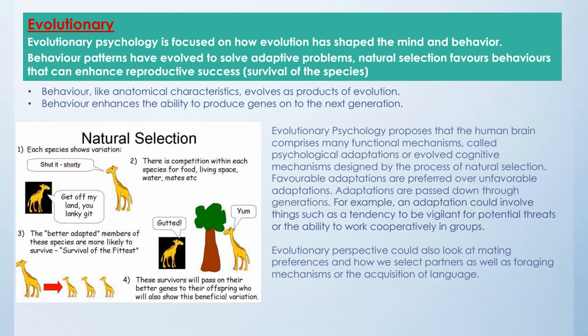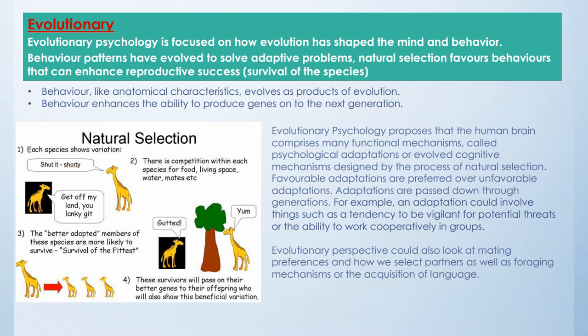Evolutionary psychology proposes that the human brain comprises many functional mechanisms that they call psychological adaptations or evolved cognitive mechanisms designed by the process of natural selection. Anything that's favorable is preferred over an unfavorable adaptation, and those adaptations are passed down through generations.